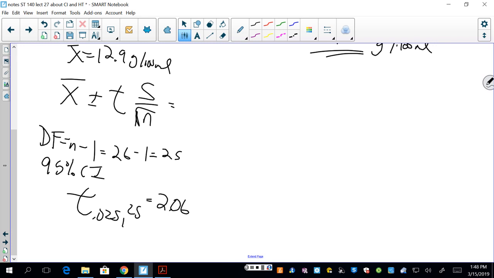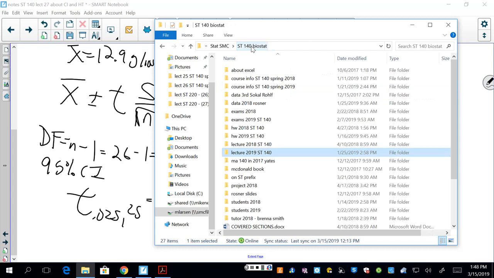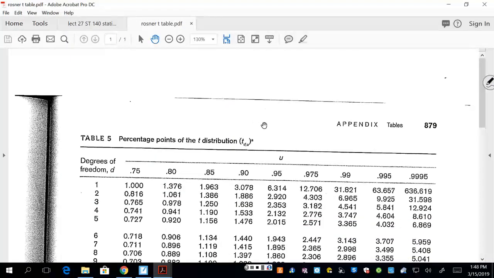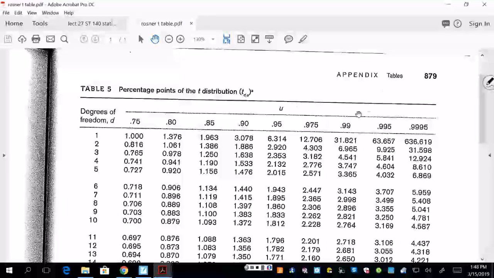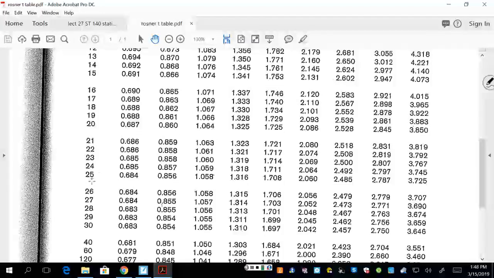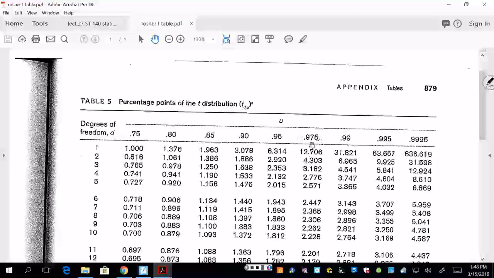I think that's a t-table that's there for the power thing. You can look that up with the t-table. So this is Rosner's version of his t-table. Right, so if we go down here to 25, we're going to look across this 25 row here, and we look under this 0.975 column.